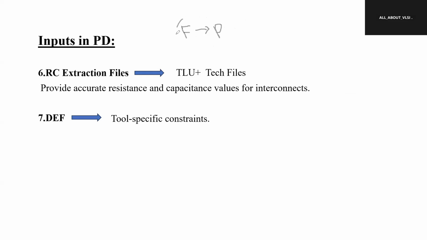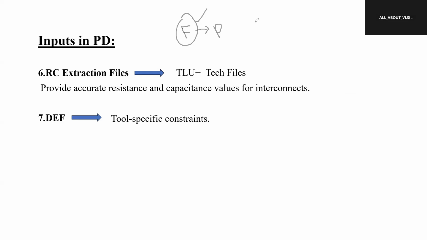Complete floor planning information, complete tool specific constraints information. Floor planning consists of pin values and macro placement values: where the output ports and input ports are located, where macros are located. All this information is presented at this floor plan stage, right? That complete package of tool specification constraints related to floor planning.